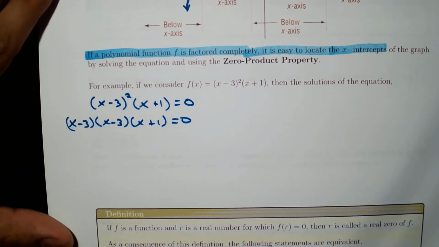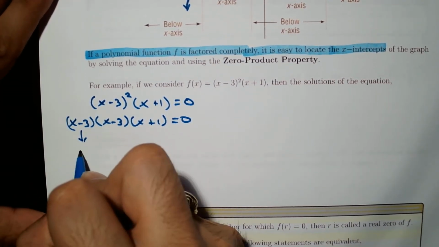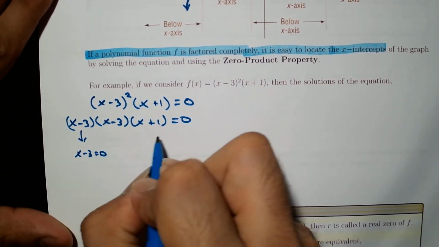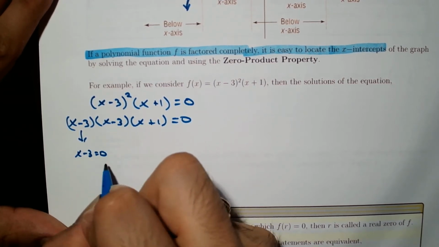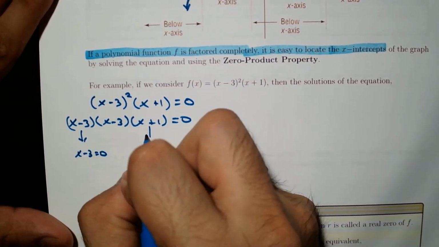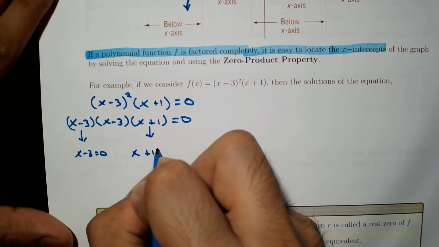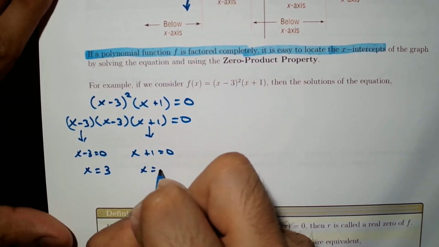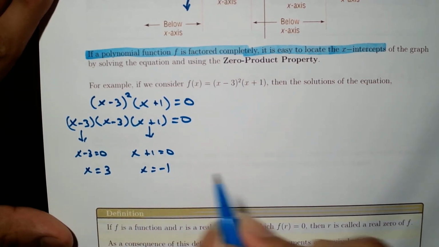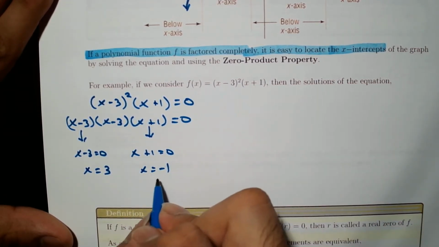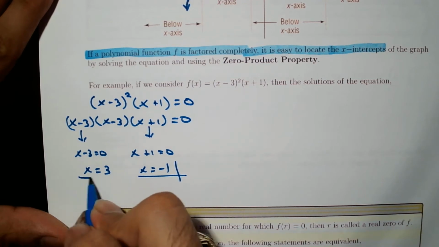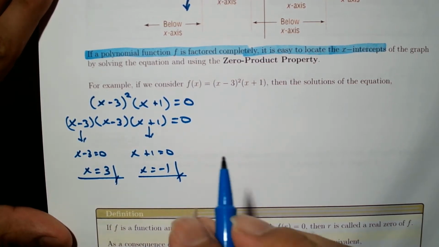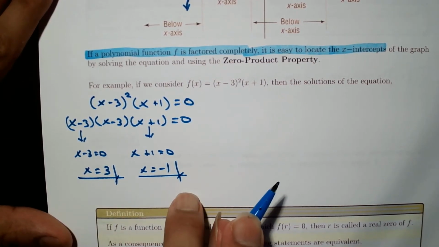That means that we can set x minus 3 equal to 0. Notice I have a repeated factor, so I don't have to do it again. And I'm going to do only x plus 1 equals 0, which means x equals 3 and x equals negative 1. So these are the x-intercepts. And these are also the zeros of the polynomial.